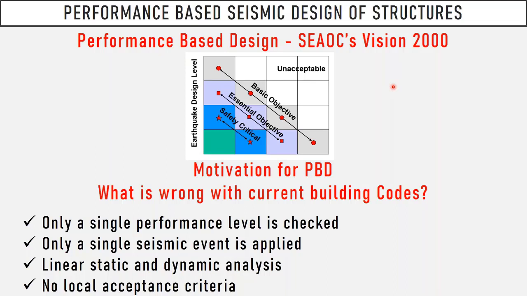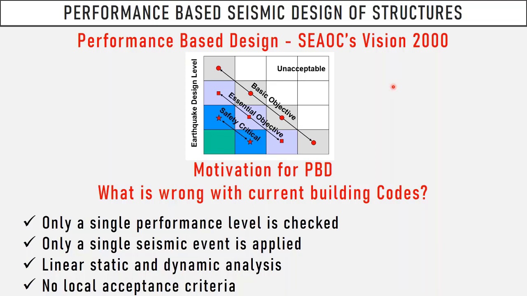What is wrong? What is the reason for that? There are many reasons, but the basic reason was the current code was just dealing with a single performance and single event, and the analysis was linear.